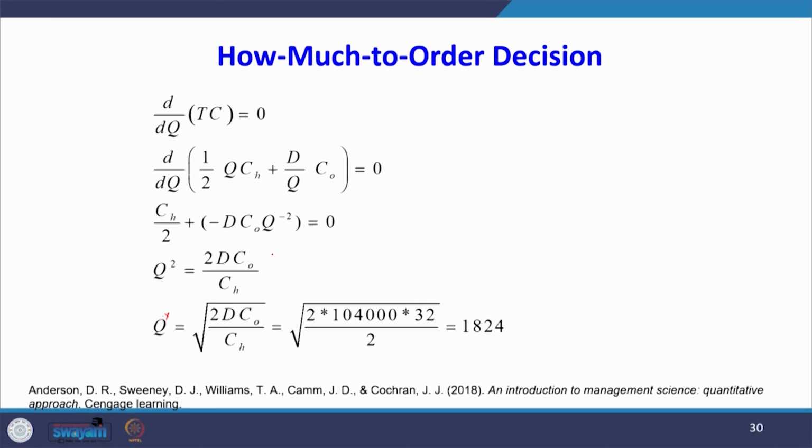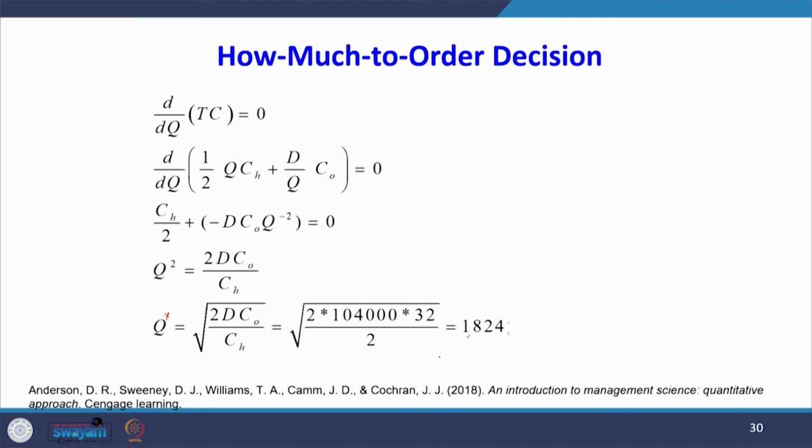When I simplify this, Q square is 2 D C_0 divided by C_H. So, Q star, when I take the square root of this, is the square root of 2 D C_0 by C_H. When I substitute these values, demand I know, ordering cost I know, $32, holding cost I know, then the exact quantity is 1824.